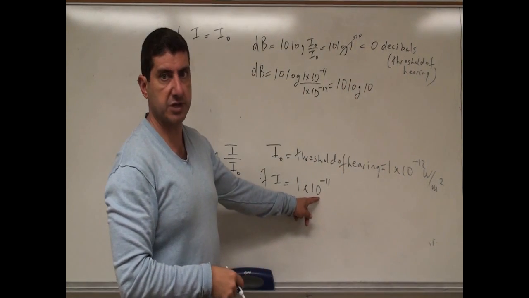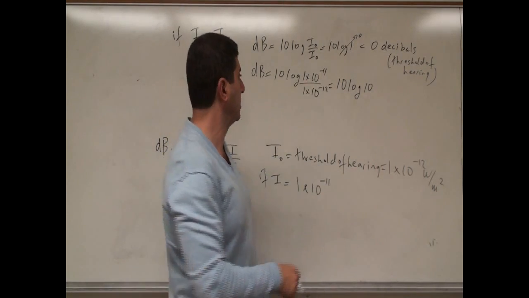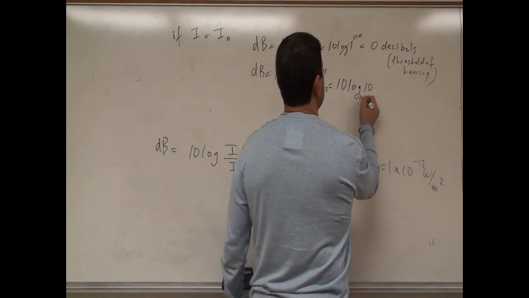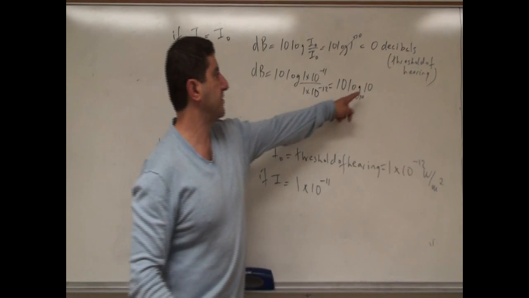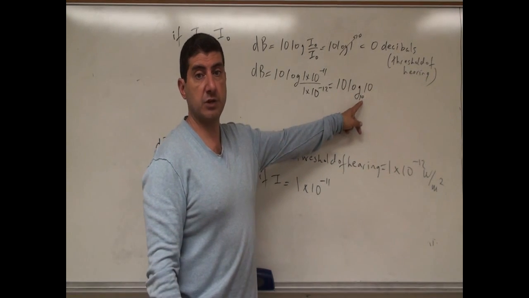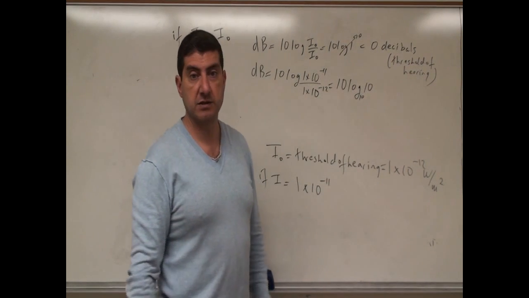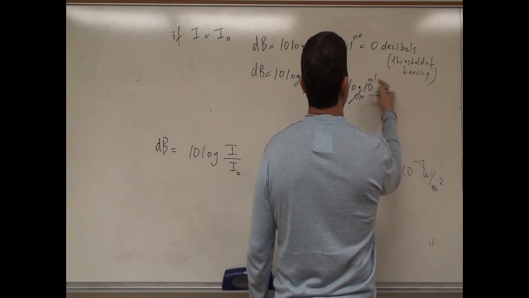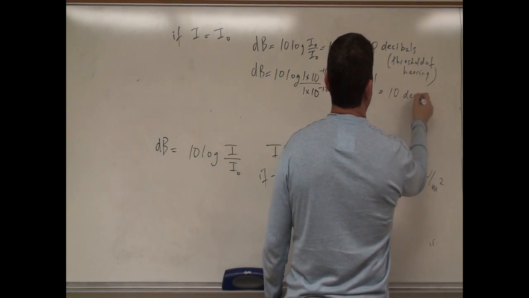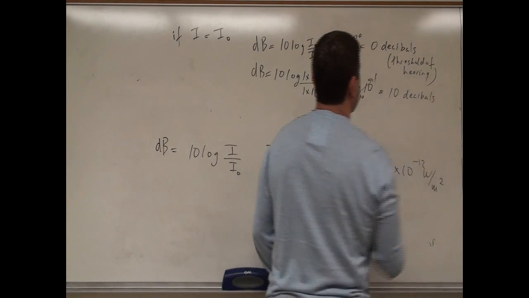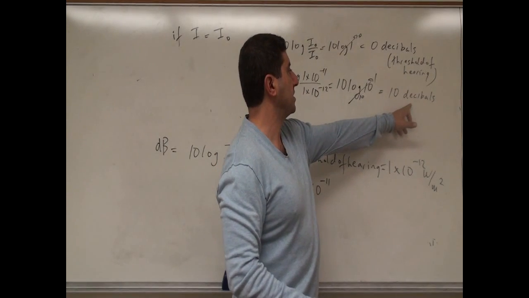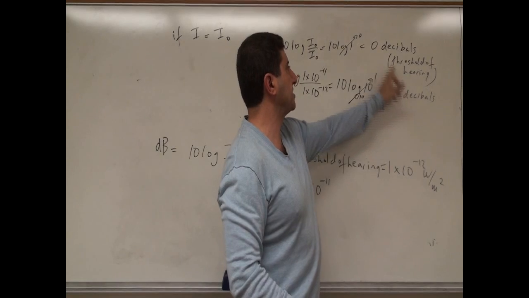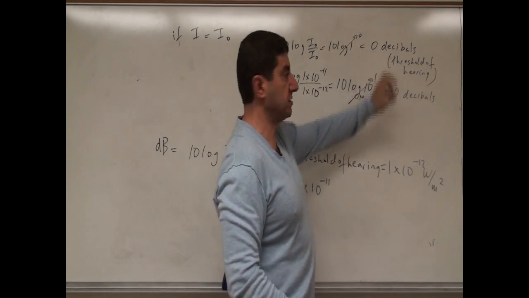Because this was 10 times more intense than that, right? Then if you take log of 10, what does that become? Well, log of 10 to the base 10 means 10 to the what power gives you 10? So that's just 1, right? So this is 1, and then 1 times 10 is 10. So that means 10 decibels is 10 times more intense than 0 decibels, right?